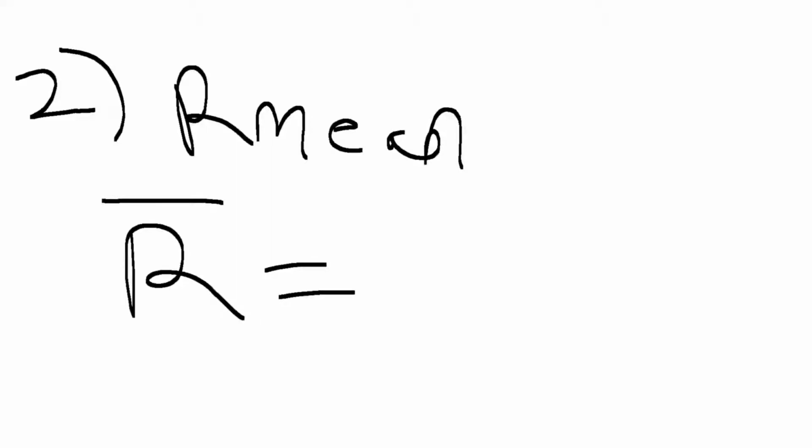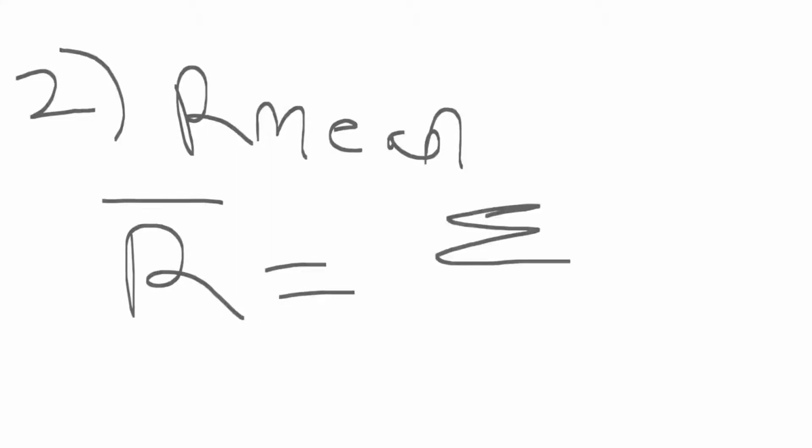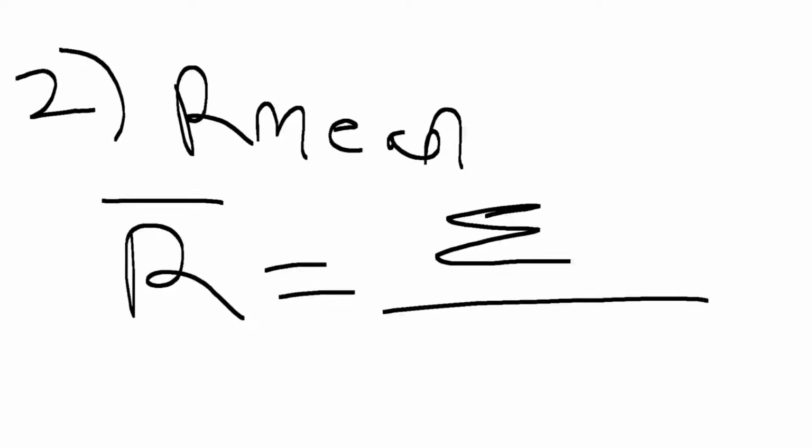What was the formula for X mean? It was the summation of X upon the sample size. So now here, the formula for R mean is the summation of R over the number of subgroups.